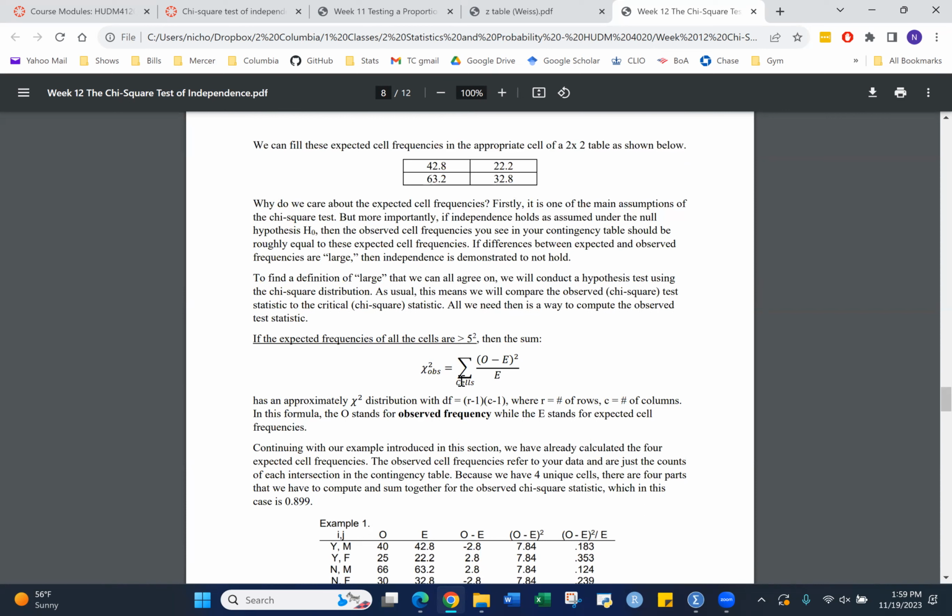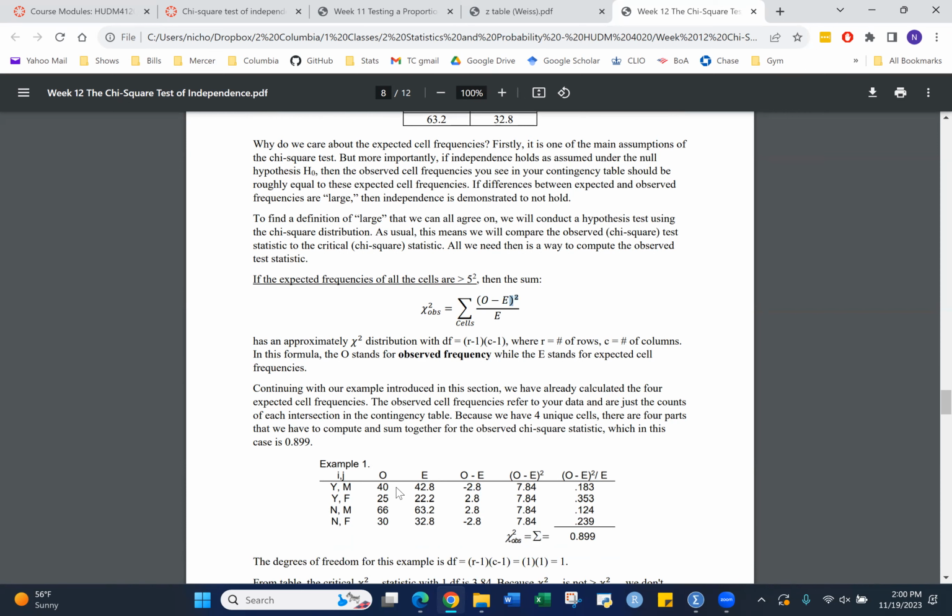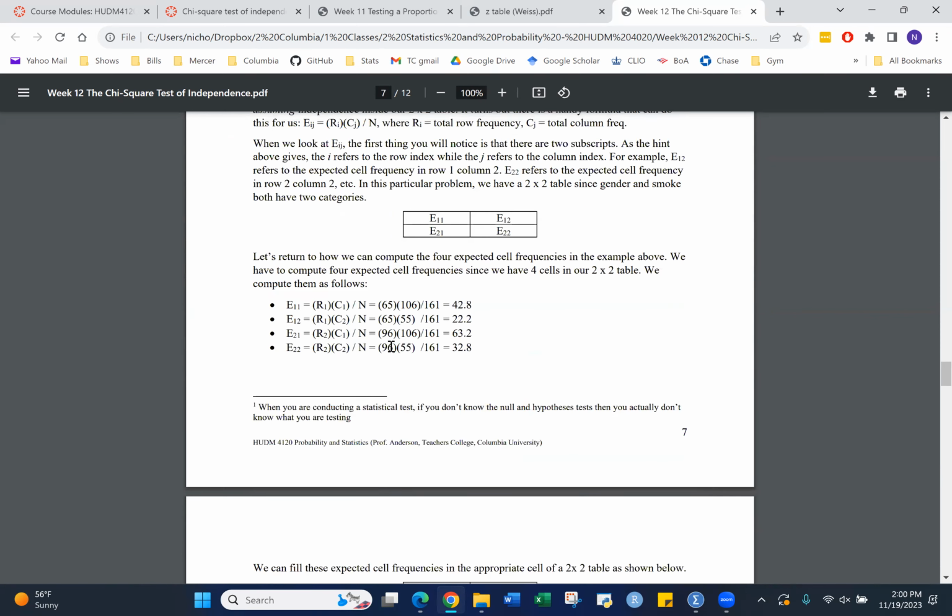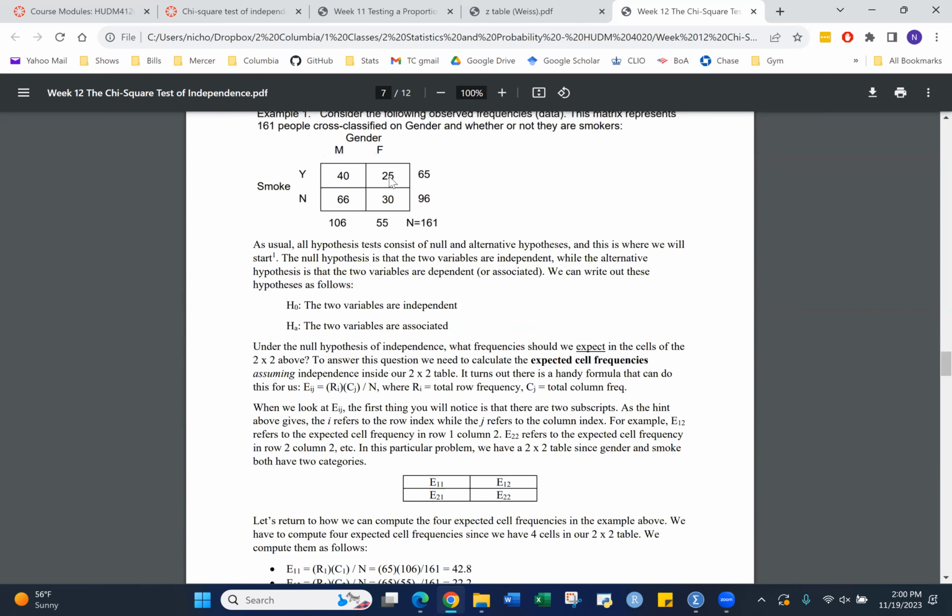And we can see that the formula here is I've got to sum over all the cells. So I've got 4 cells here. I'm going to take the observed minus the expected, square it, and then divide it by the expected. So in my example, the observed frequencies are 40, 66, 25, and 30. They're the original data.